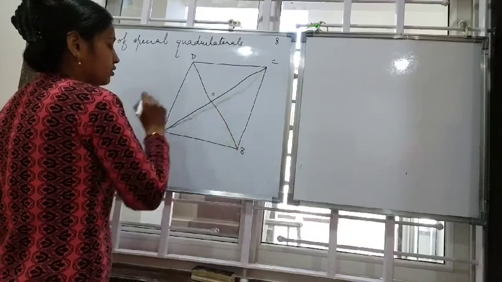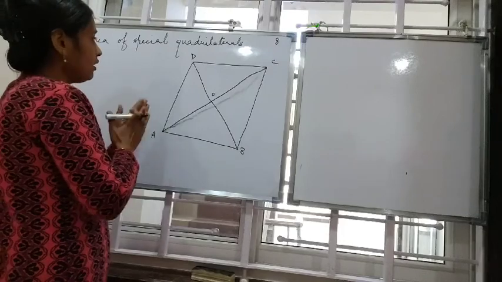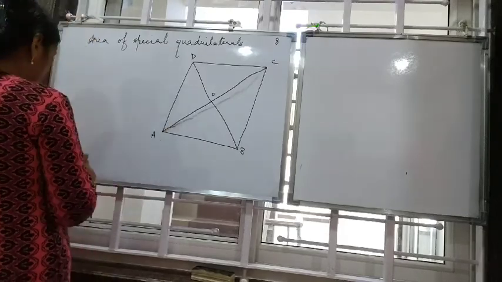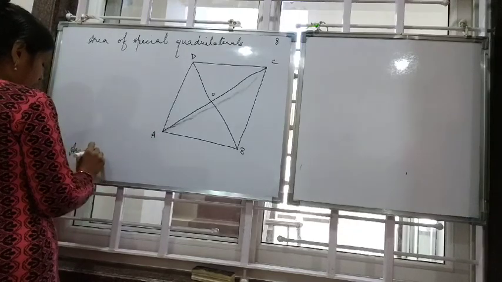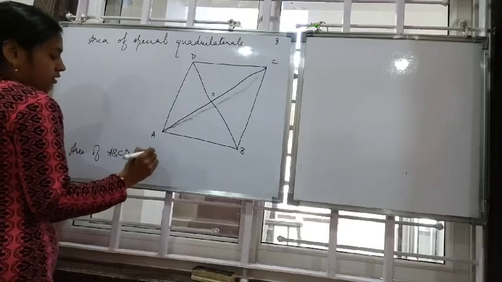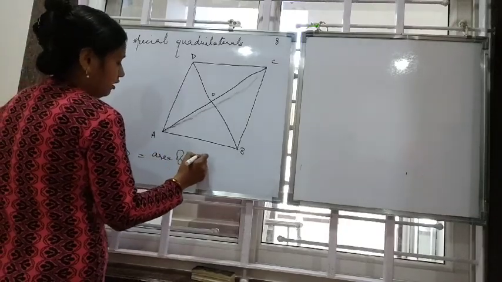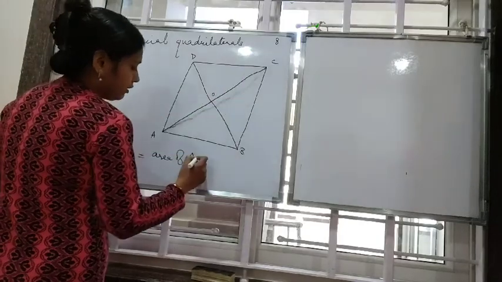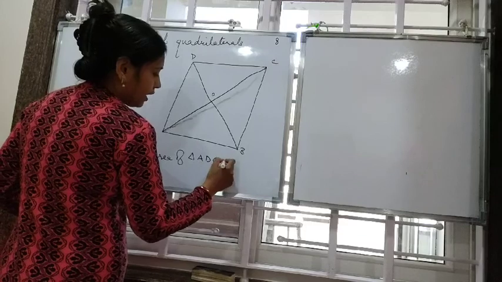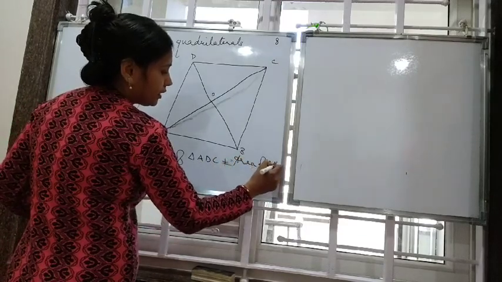Let's say it is meeting at O. Okay, so let's start. Again, area of rhombus ABCD. Area of rhombus ABCD is given by area of triangle ADC plus area of triangle ABC, you can say.